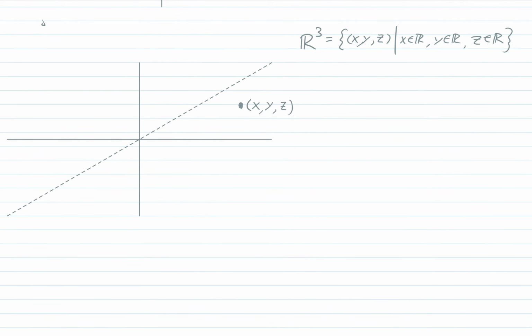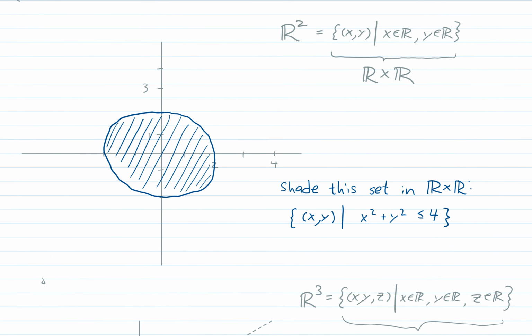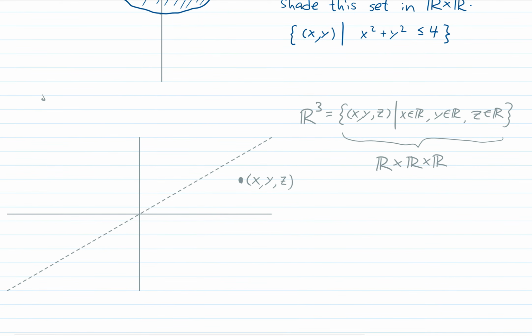So that would be called R cross R cross R. Okay, but we just use R3 as an abbreviation. Just like for R2. It's R cross R, but we just use R2 as an abbreviation. Okay? And you could do, you know, as high as you want. I can't draw it.